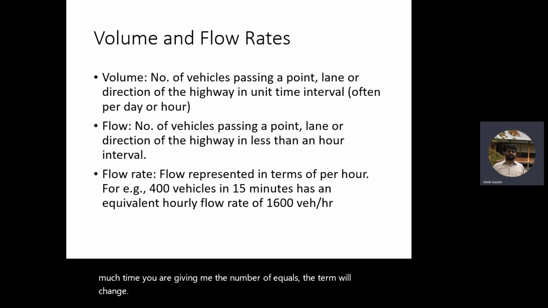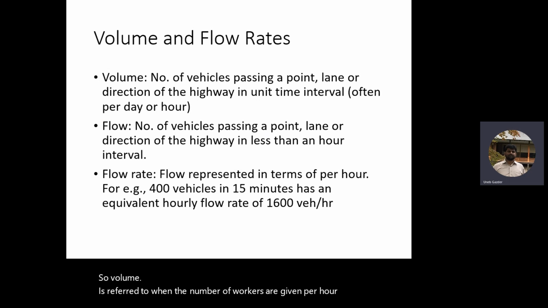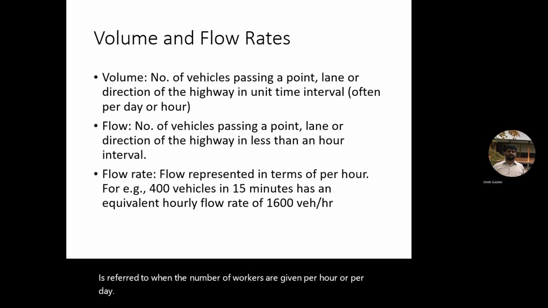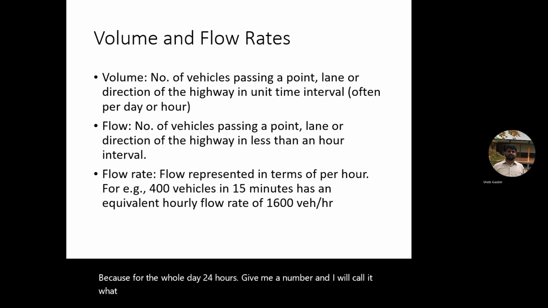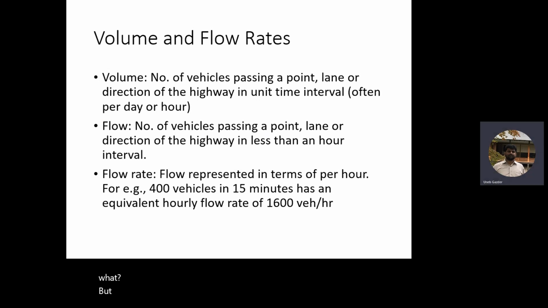So volume is referred to when the number of vehicles are given per hour or per day. Okay, per hour or per day. Yeah. So you observe vehicles for 1 hour, you give me that number, I'll call it what? Volume. You observe vehicles for the whole day, 24 hours, you give me a number, and I will call it what? Volume.